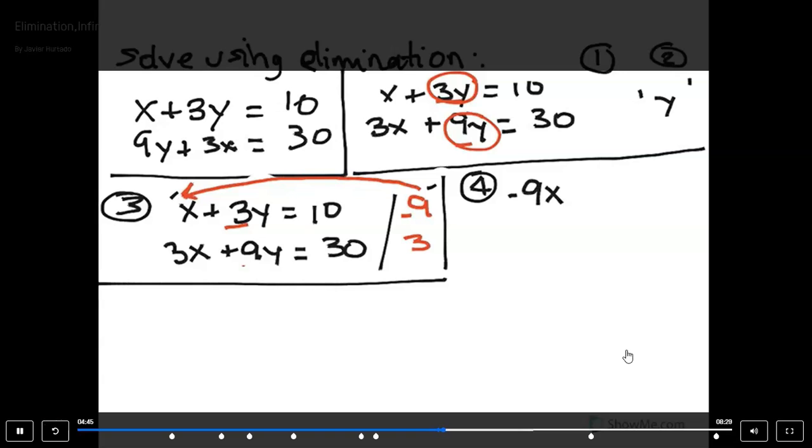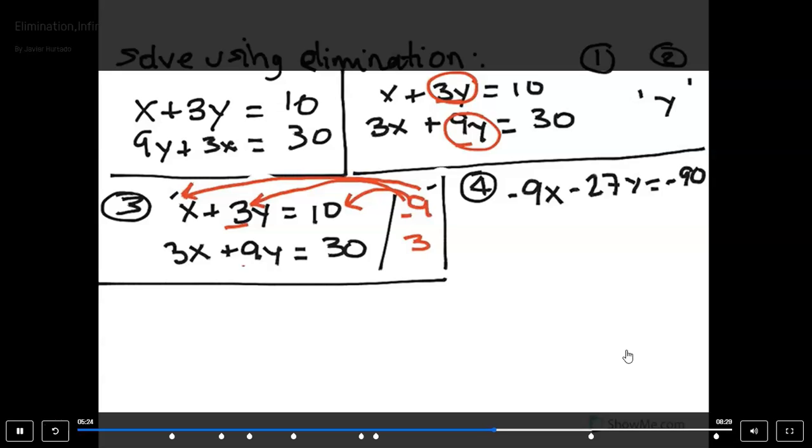Then I have negative 9 by 3, which gives me negative 27y, and then the equal sign. Then I have negative 9 by positive 10, which gives me negative 90. There you go. Okay, done with the first one.